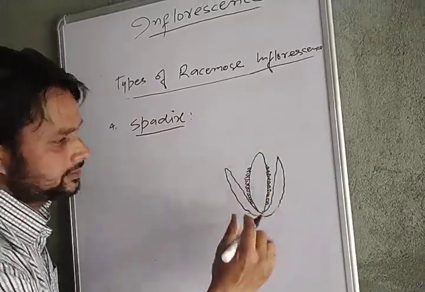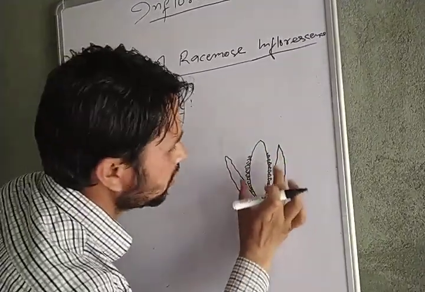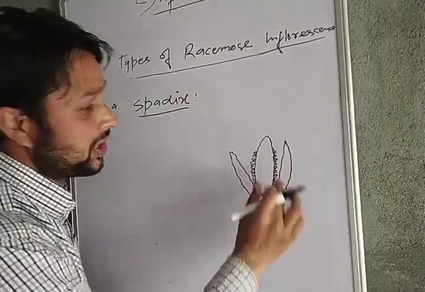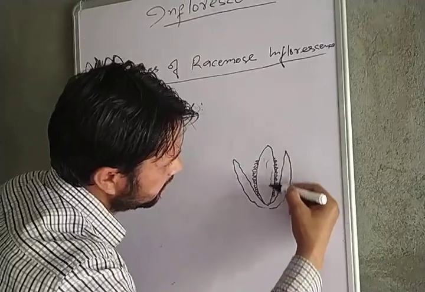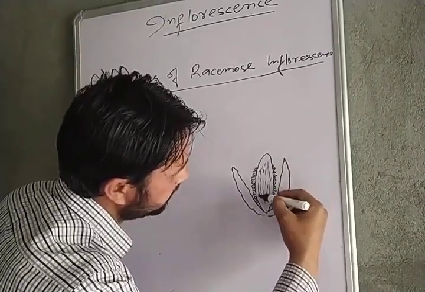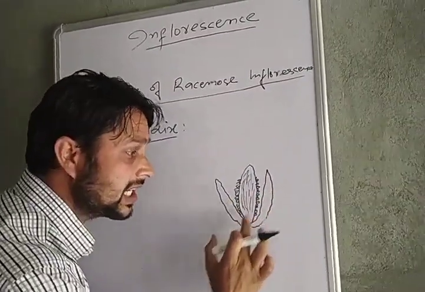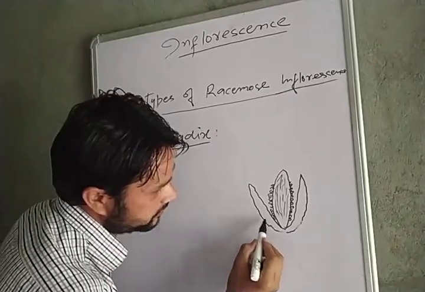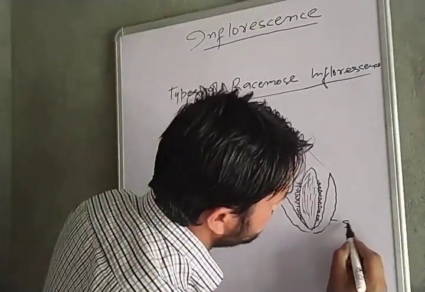You can see here what spadix is. This spadix is some sort of special type of racemose inflorescence in which the peduncle remains fleshy. This peduncle remains fleshy, covered by green bracket-like structures known as spathe.